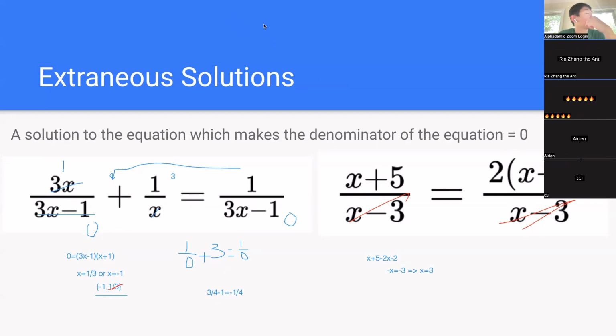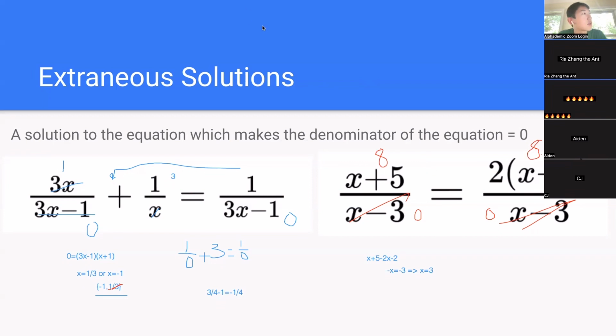So now you might be thinking that since there is only one answer, that x must equal 3, right? But that is not always necessarily the case. And when we plug it in, we see that the denominator of both sides of the equation are equal to 0. The top becomes 8, and this top also becomes 8.